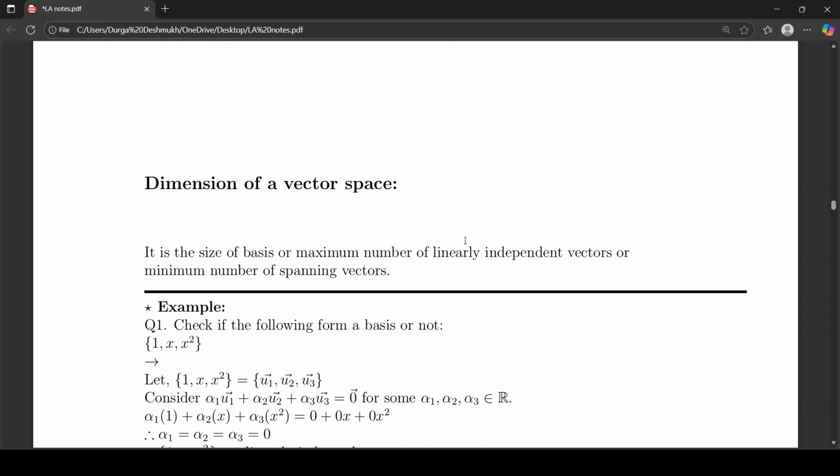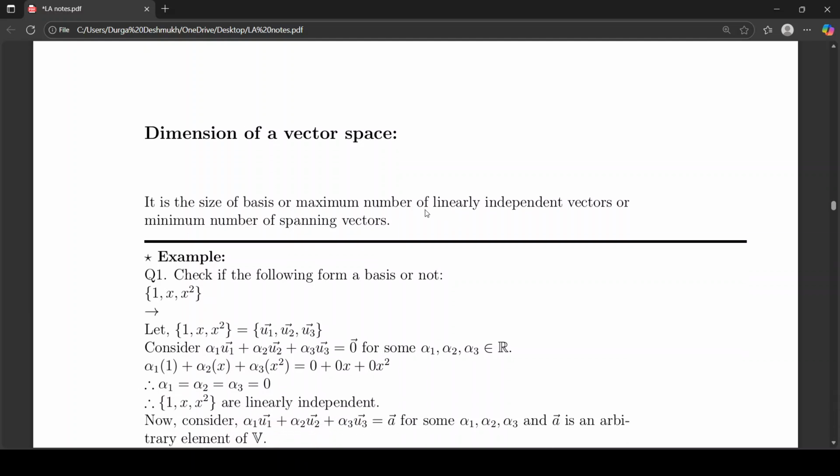We can find the dimension of a vector space using a basis. The size of the basis is the dimension of the vector space, or the maximum number of linearly independent vectors, or the minimum number of spanning vectors. These three values are the dimension of the vector space.